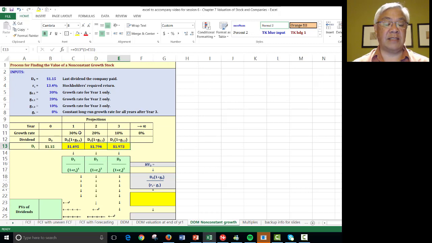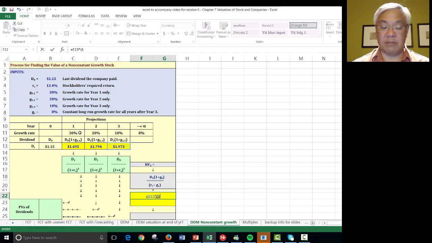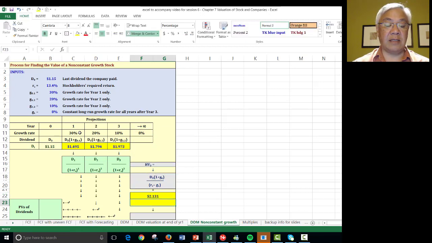That gets us to $1.97 at year 3, and we need to go out to year 4 to move at this horizon value. So we take the dividend from year 3 times, guess what? 1 plus the long run growth rate, in this case 8%. And we take the required return of stock minus the long-term growth rate.